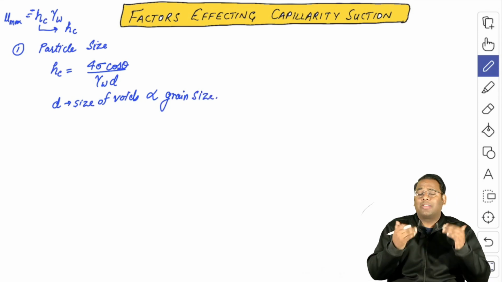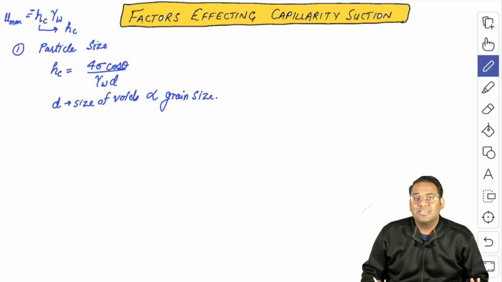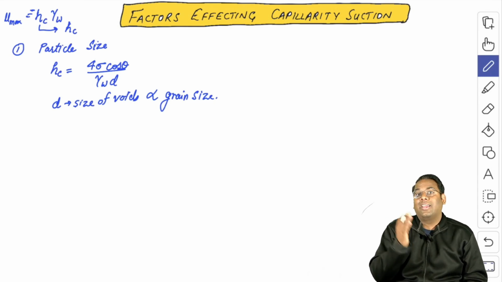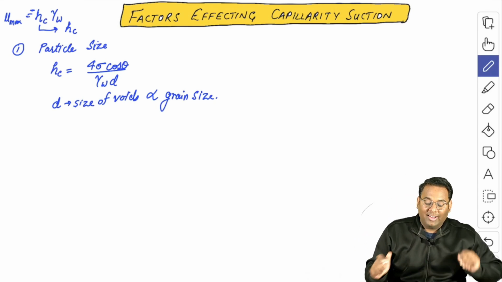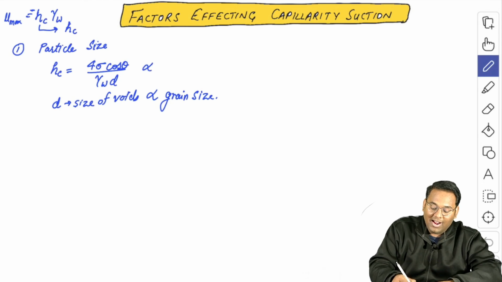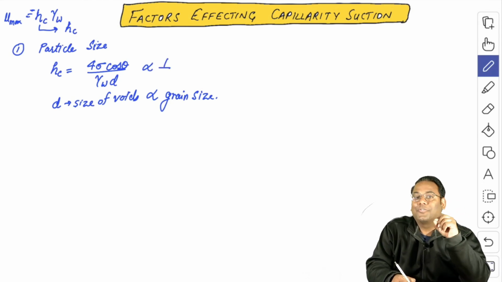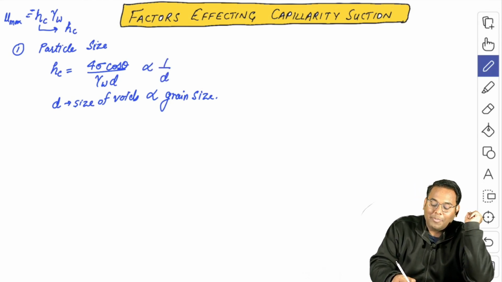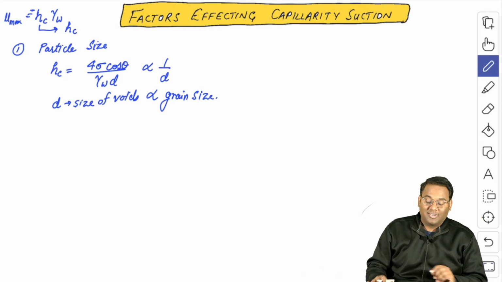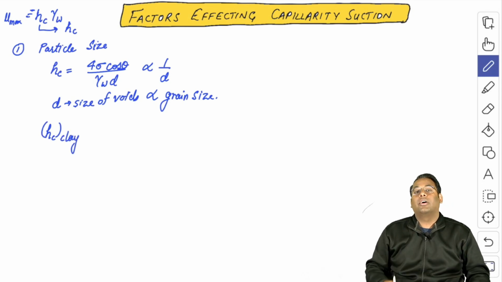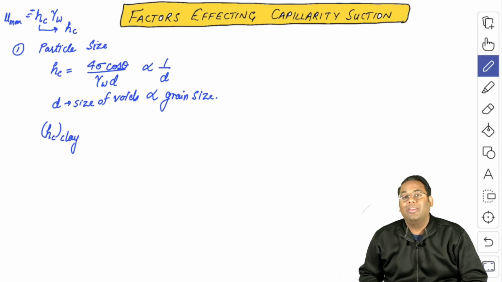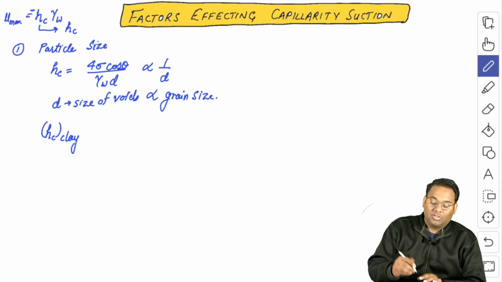Bigger the grains, bigger the void size. And the height of capillary rise is inversely proportional to the size of voids. That means the height of capillary rise will be maximum for a fine grained soil, but less for a coarse grained soil.